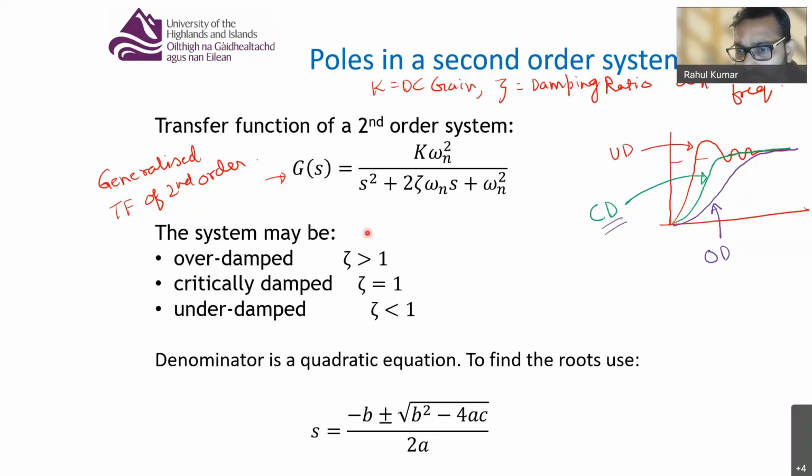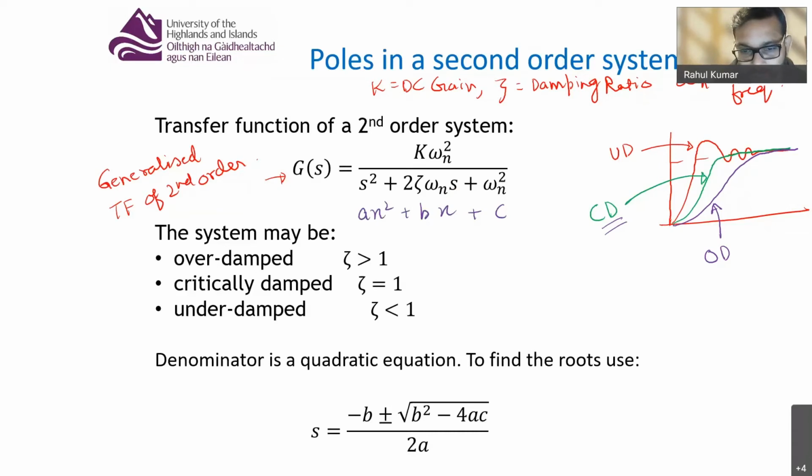And if we look at the entire denominator, it looks like a quadratic equation, doesn't it? It is s square plus 2 zeta omega n, which will be a constant, multiplied by s, plus omega n square, which will again be some constant, right? So it is quite similar to the equation ax square plus bx plus c, isn't it?